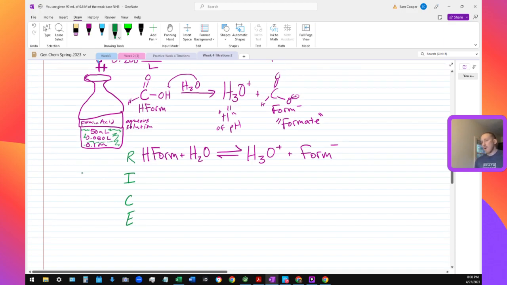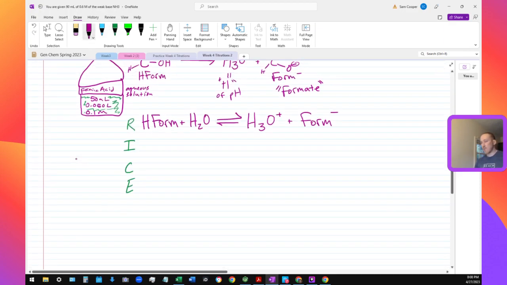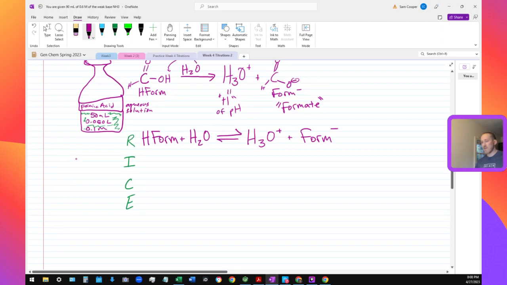Now, one issue that you might be predicting is we don't know one critical piece of information about formic acid yet. But let's come to that in a sec and just talk about what we do know. So that's our reaction. Our initial concentrations of all these things, let's just say that somehow we had prevented ionizing from occurring.